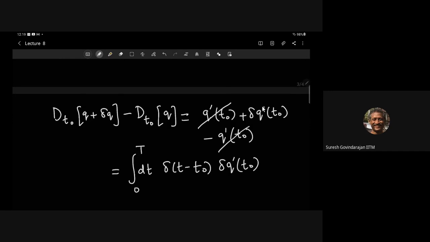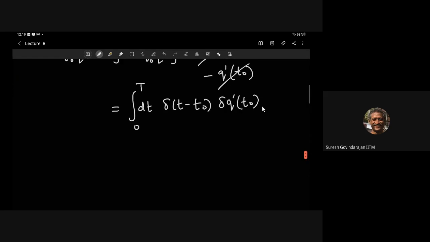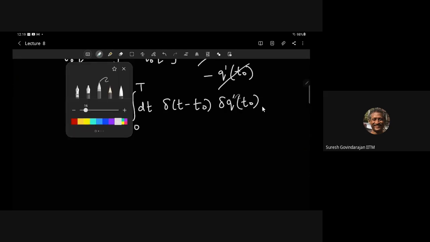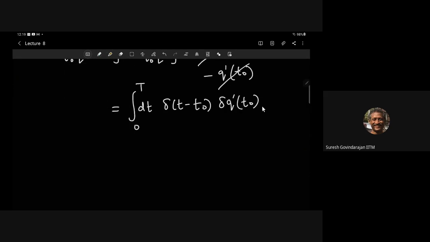So let me just do this slightly differently here. It will be delta q prime of t, right? You have written t naught inside the bracket. Should it be delta?